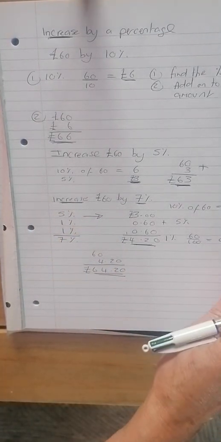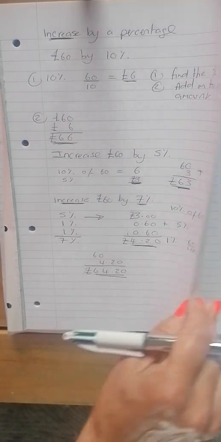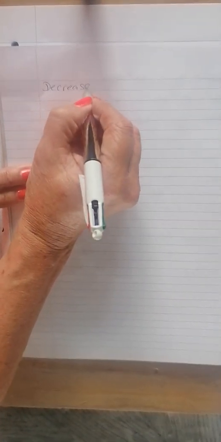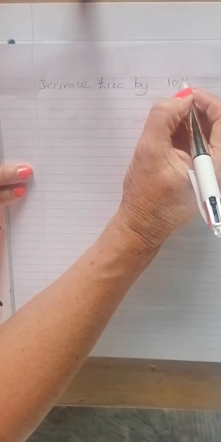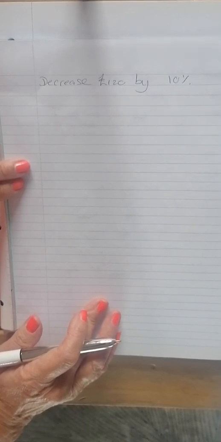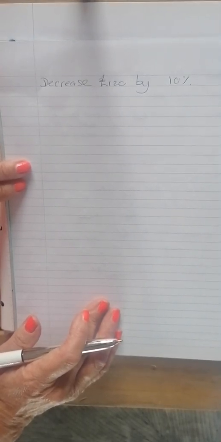So let's just do some basic decrease of amount. Make sure you understand the words. Decrease means it's getting smaller. So let's decrease £120 by 10%. Again, just two steps, but this time we are going to subtract the amount.